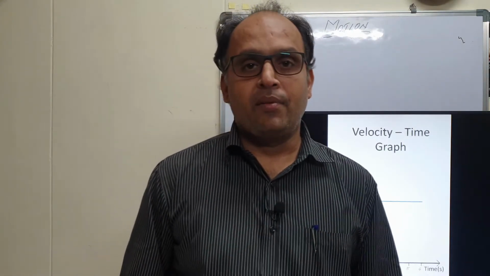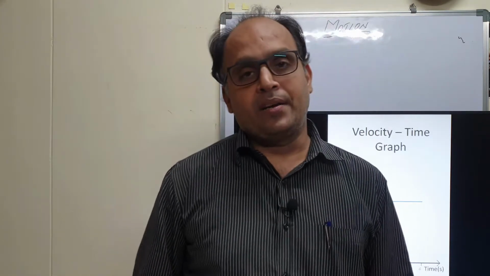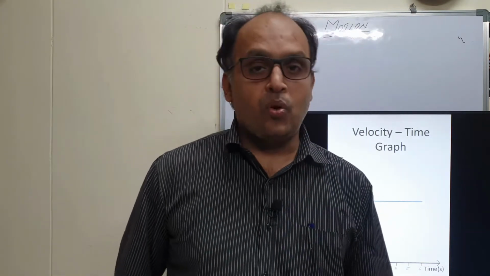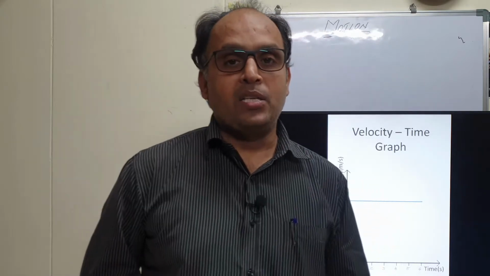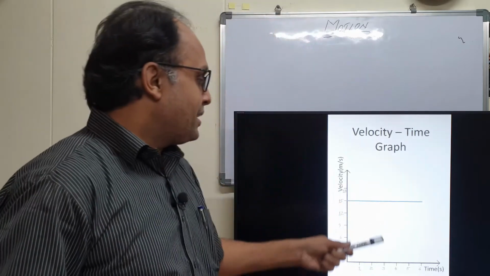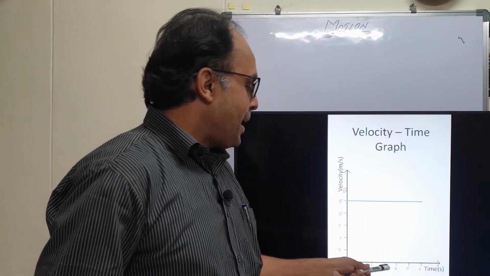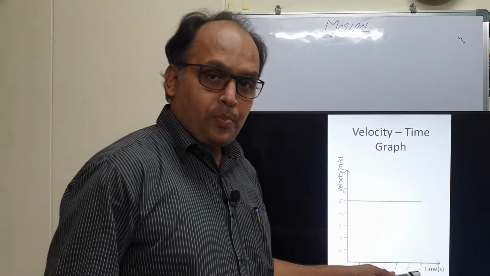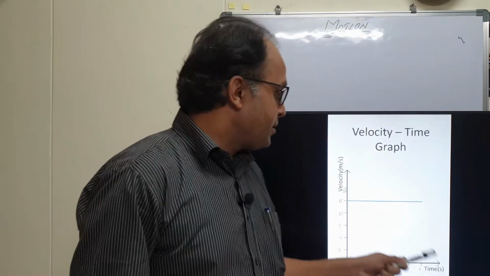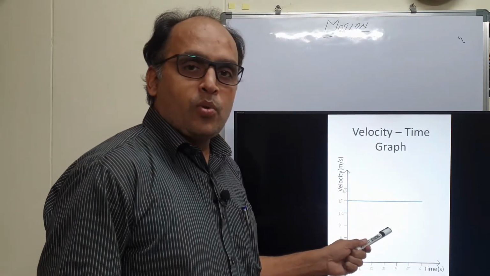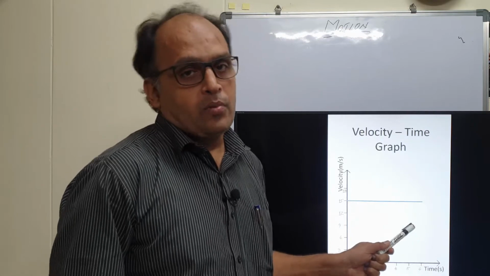The body is moving, but it is not increasing or decreasing its velocity. So we can say that the body is moving with uniform velocity. So when the graph is a straight line parallel to the x-axis in a velocity time graph, the body is moving with uniform velocity.